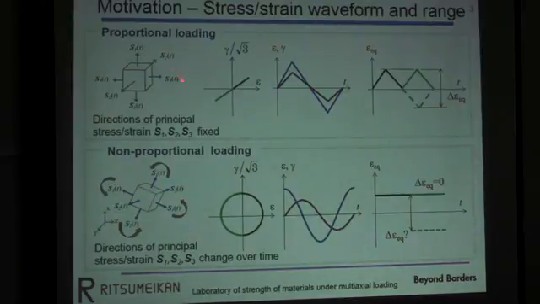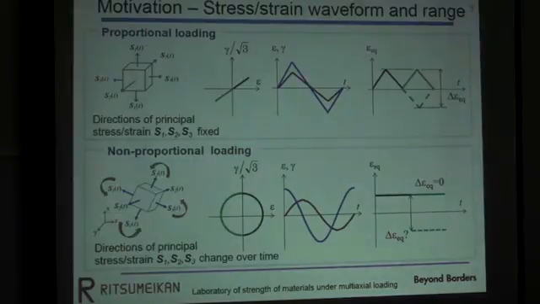In tension loading, we put a sign plus, and in compression loading, a sign minus. That's very easy. However, in non-proportional loading, for example circular loading in epsilon and gamma, the axial strain and the shear strain, Mises equivalent strain is constant.